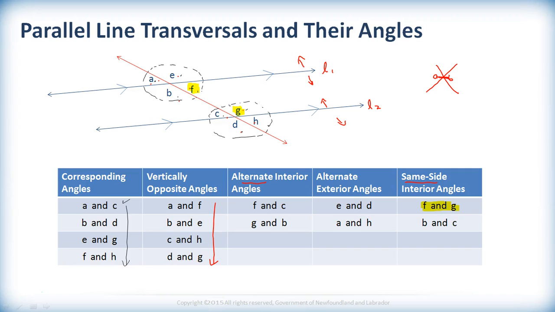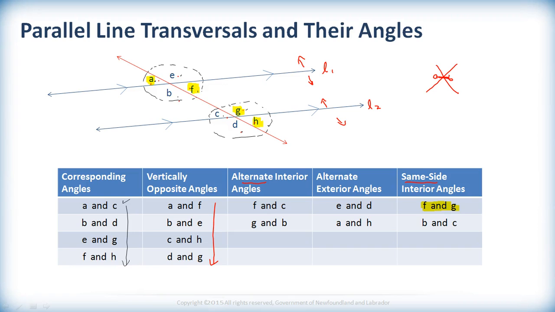Thusly, if I take A and another one, H, those are both exterior angles because they're outside the parallel lines, and also they're on opposite sides of the transversal, so those two angles would be called alternate. When they're on opposite sides, we call them alternate, and they're exterior.